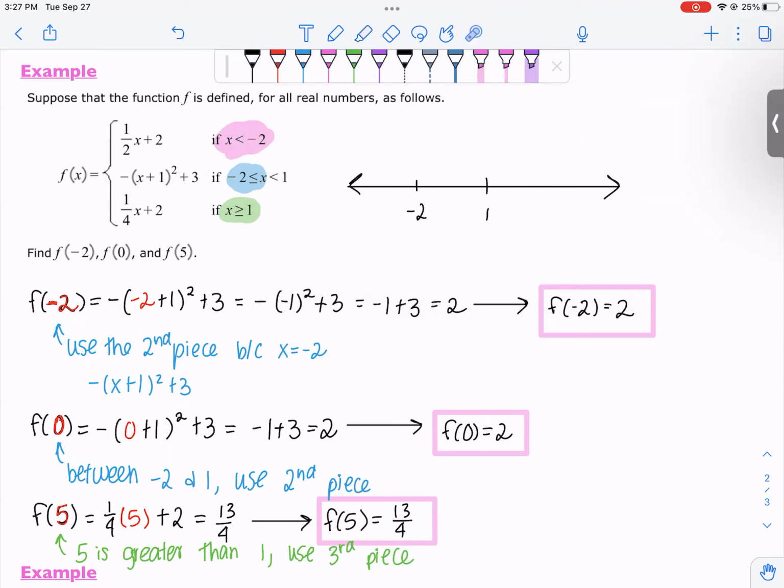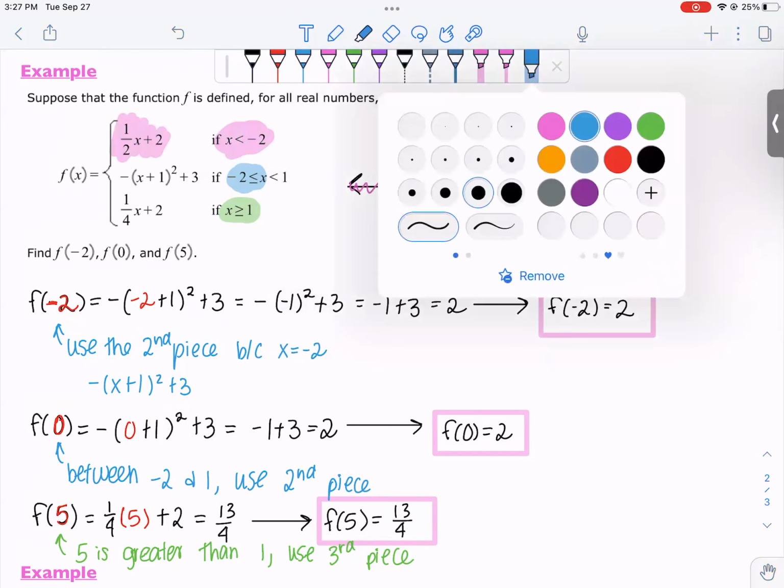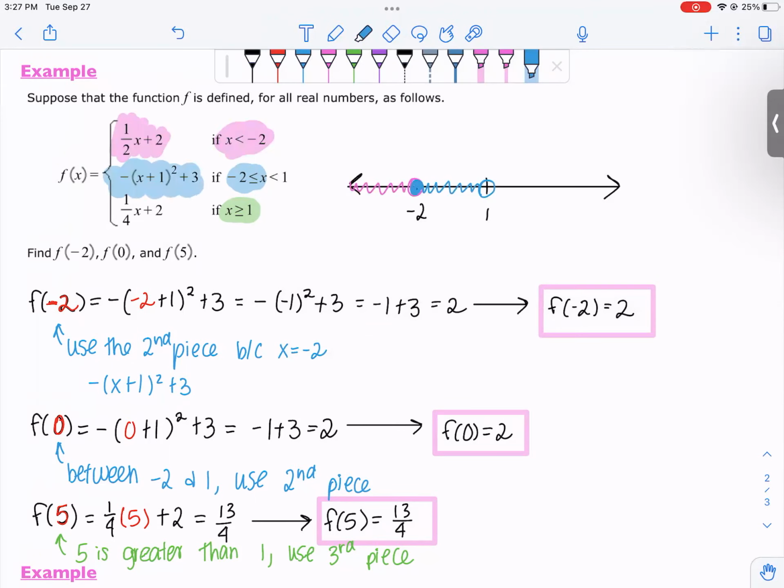It's like if you're less than -2, so I can do an open circle here. If you're less than -2, you're using this part of the function. If your x value is between -2, including -2, so let me do a solid blue dot there, and 1 excluding 1, you would use that blue portion of the function.